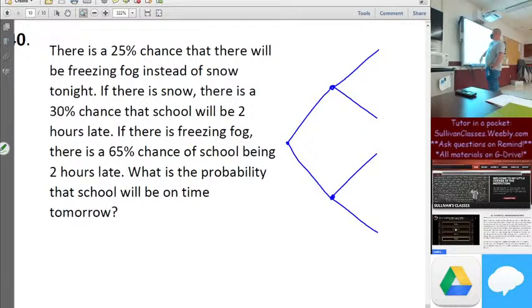And we say 25% chance there's freezing fog. So I'll say freezing fog. F's in the chat, right? Which means snow will be 75%. Says if there's snow, so I'm on this lower branch, 30% chance that we'll be late.